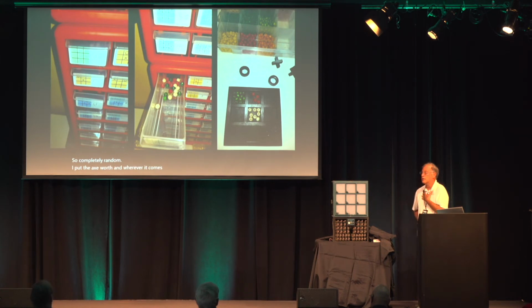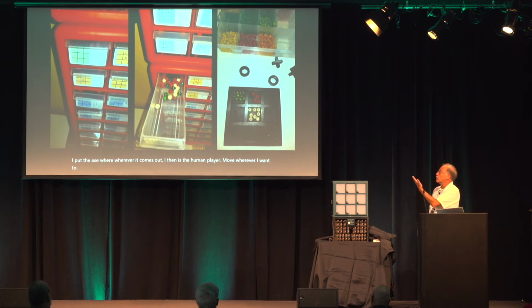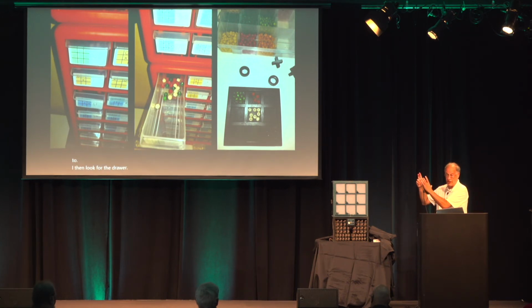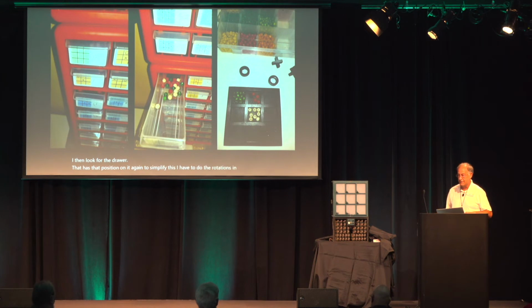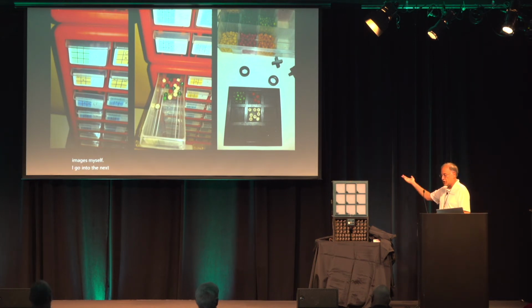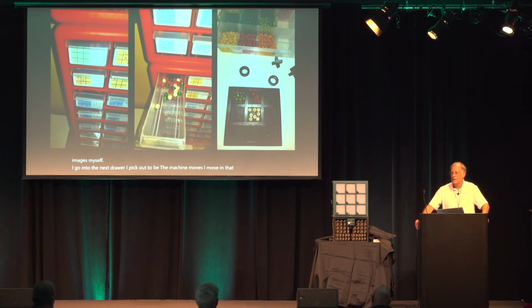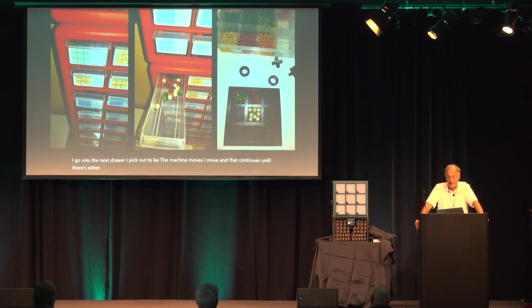I then, as the human player, move wherever I want to. I then look for the drawer that has that position on it. Again, to simplify this, I have to do the rotations and the mirror images myself. I go into the next drawer, I pick out a bead, the machine moves, I move, and that continues until there's either a win, a draw, or a loss.